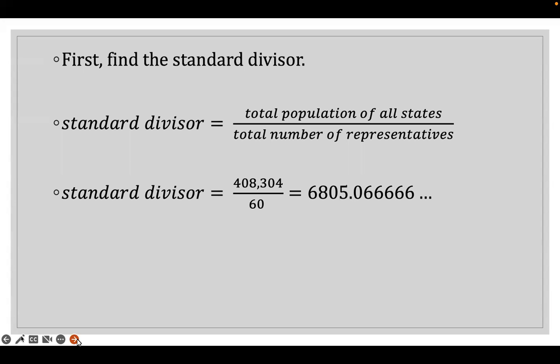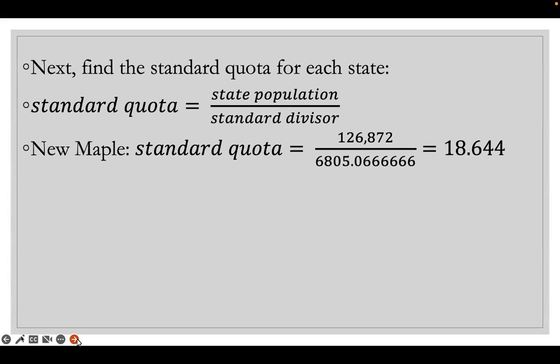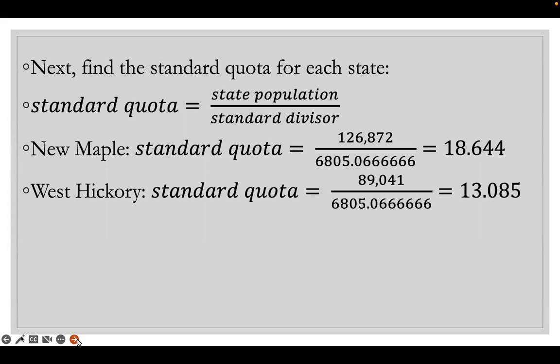So now that I have my standard divisor, now I can find my standard quota for each state. So I'm going to take the particular state population and divide by that standard divisor. So for New Maple, I've got 126,872 divided by the standard divisor, and I get approximately 18.644. Again, I'm rounding here to get my standard quota.